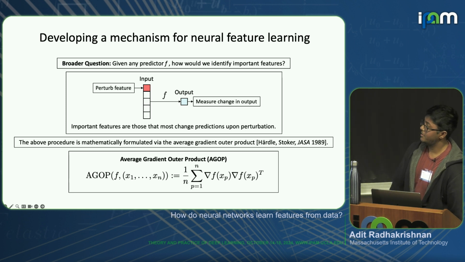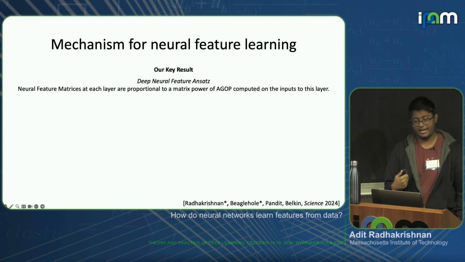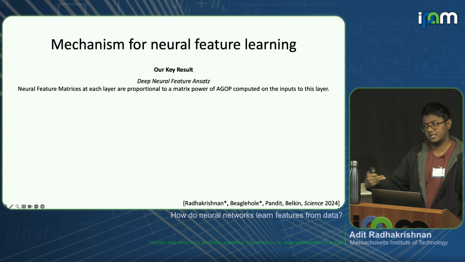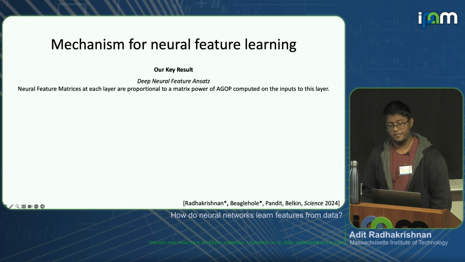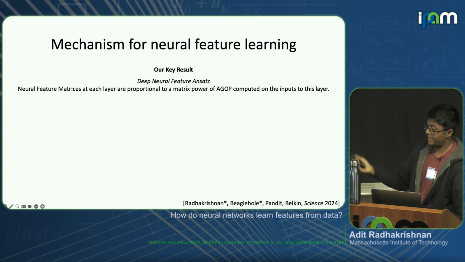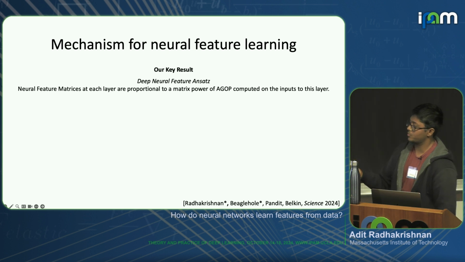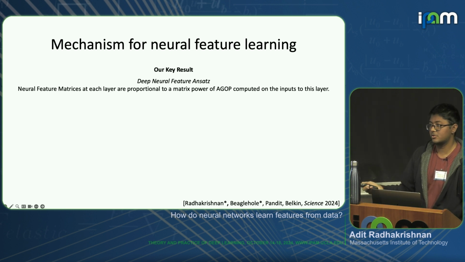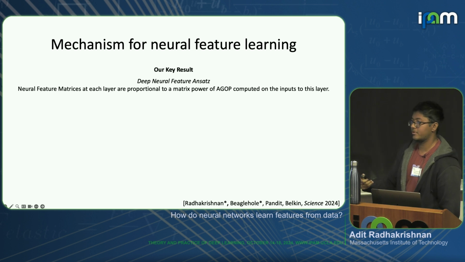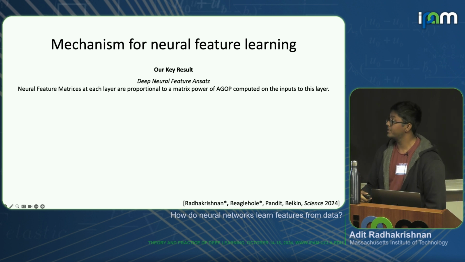Well, our main claim is that neural networks are actually implementing this at every single layer to extract features. Formally, I'm saying that these neural feature matrices, the weights transpose weights at each layer, are proportional element-wise to a matrix power of the AGOP computed on the inputs to this layer.